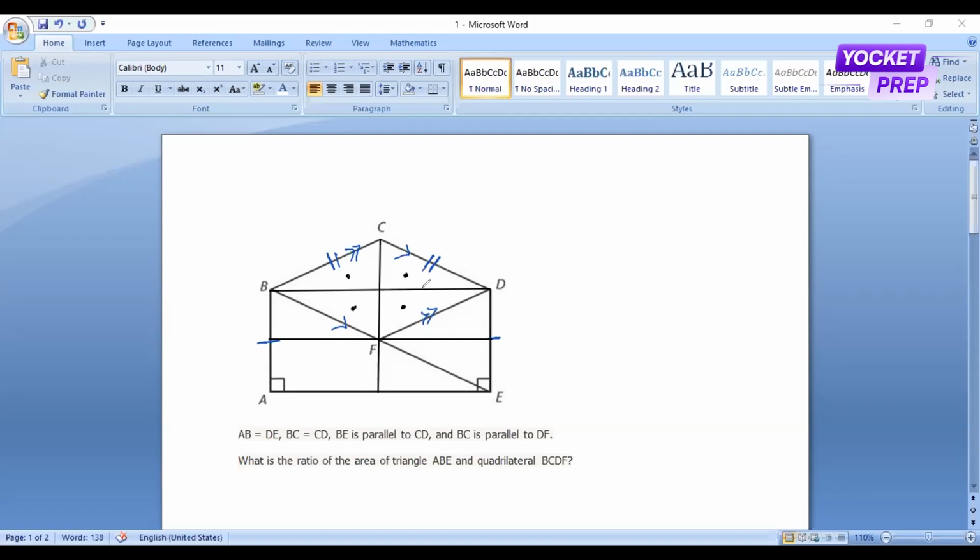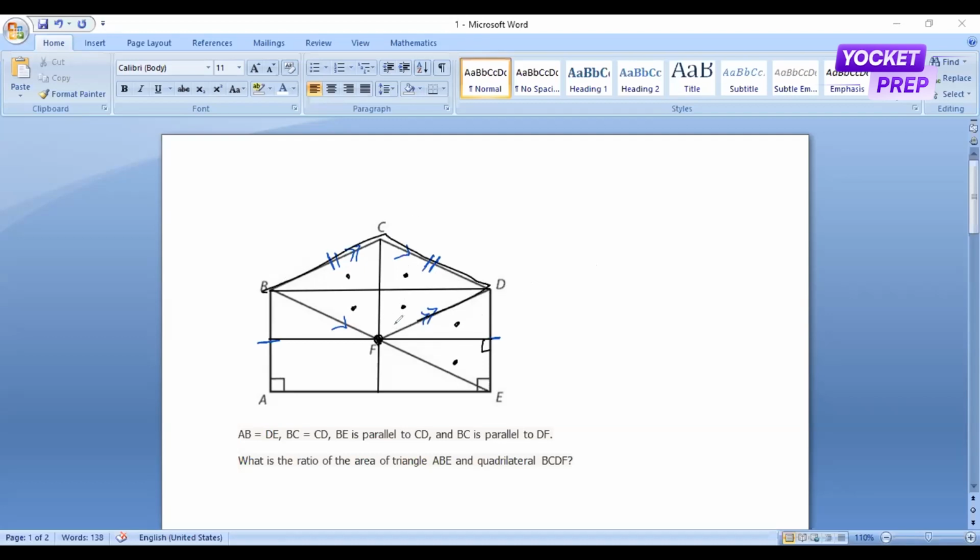This becomes a rectangle anyways with a diagonal. So these two will also be equal in area. This and this become equal in area, bisecting it, because F will eventually become the midpoint. Why?